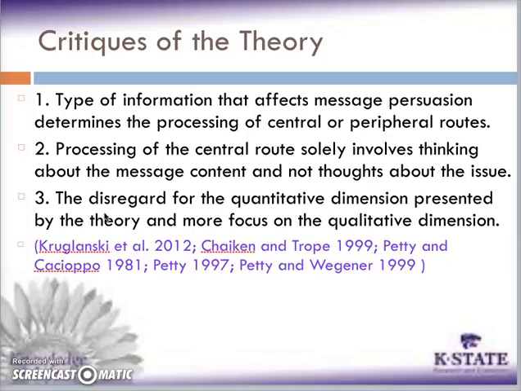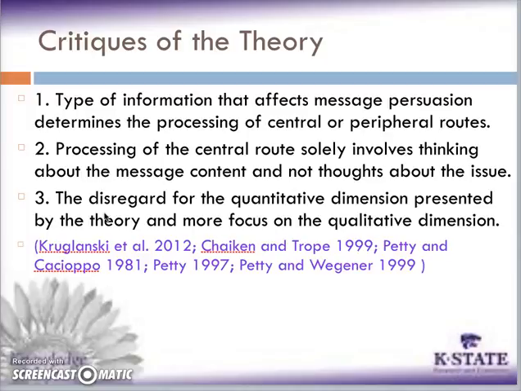With this difference, the theory also explains that low elaboration persuasion processes are qualitatively different as well. It is seen as incorrect if the theory focuses on a quantitative explanation over a qualitative one.